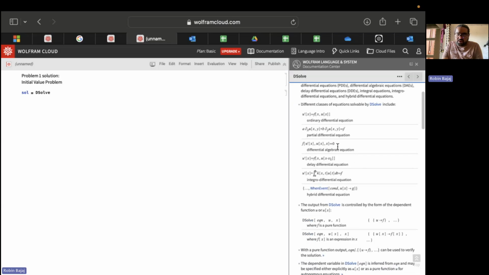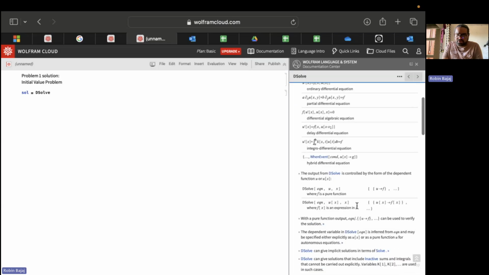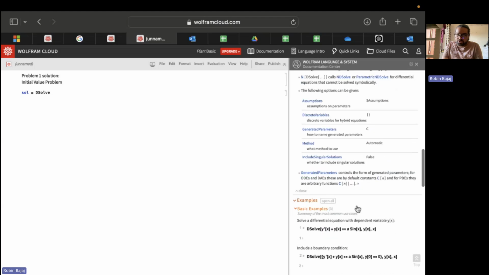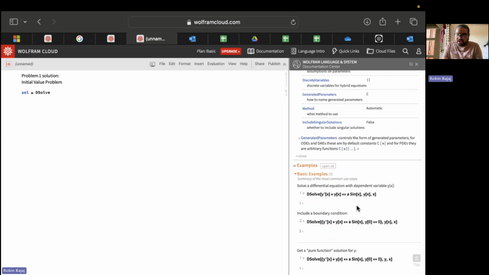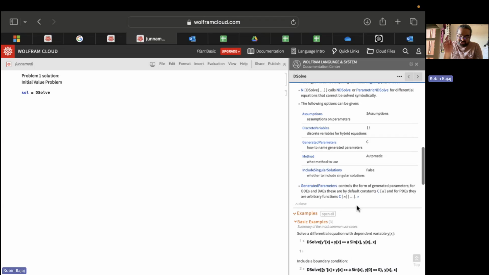I mean, this can solve partial differential equations as well and all kinds of such equations, which is very good. That's what we have to do. We have an equation in terms of x, x dot is equal to f of x, y, then we can solve it in this way.